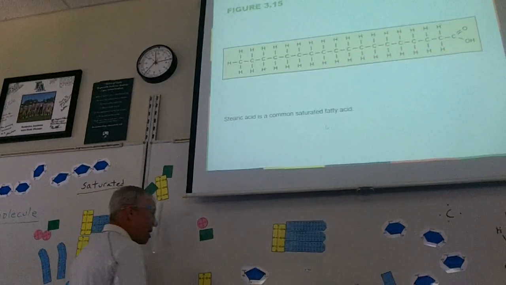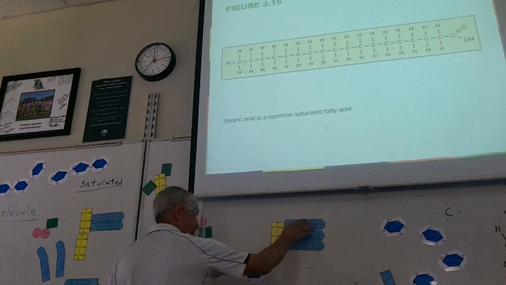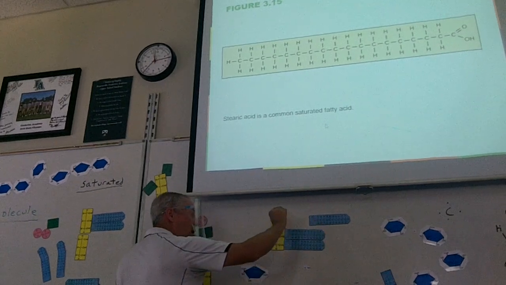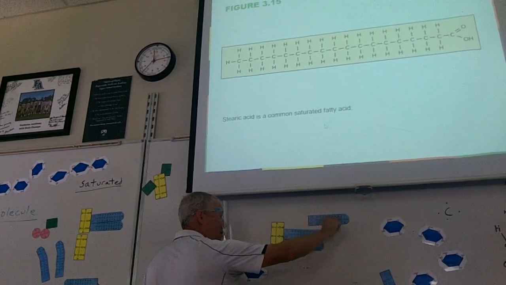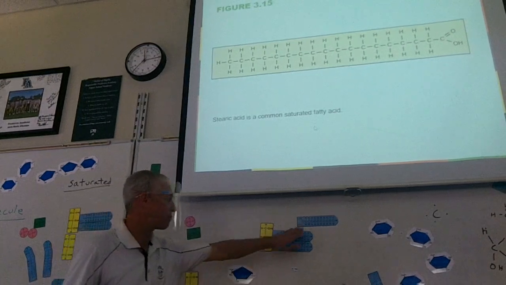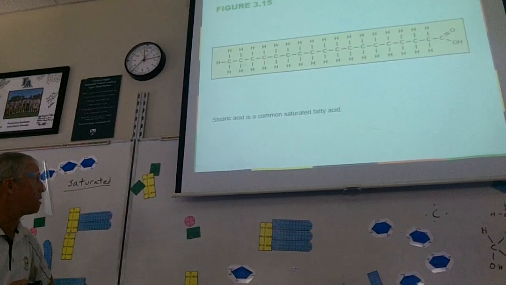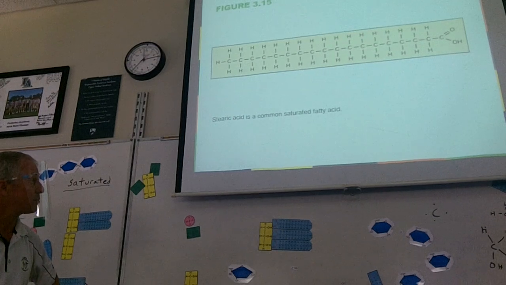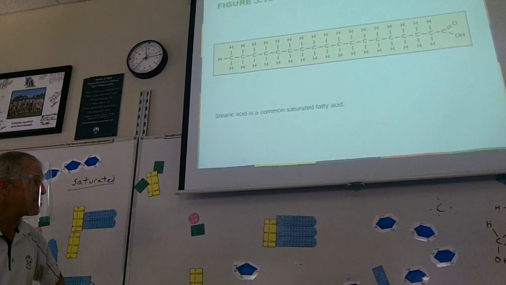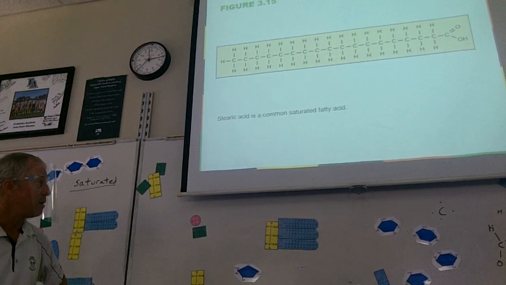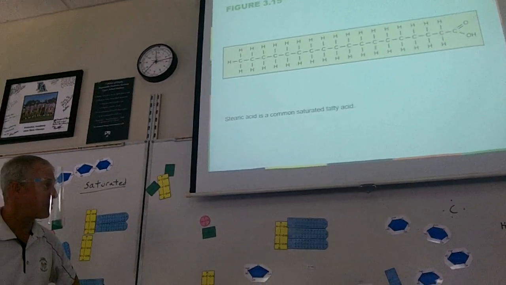So, let's take a look. Some fatty acid chains are what we call saturated. That means they're all single bonds between the carbon atoms, except for the carboxyl group on the end, which has a double bond going to an oxygen.